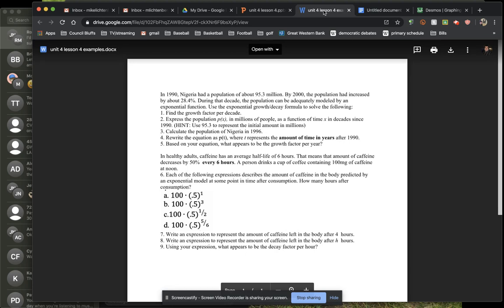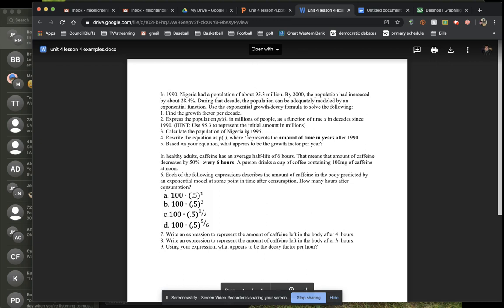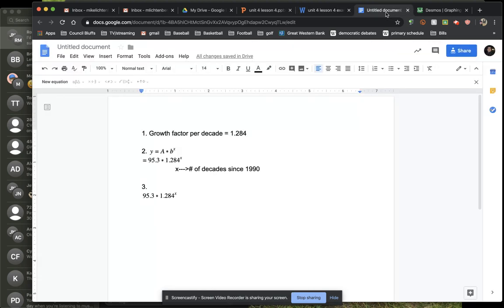So number three, calculate the population of Nigeria in 1996. So we are going to plug in to our equation here. The thing is, we've got to remember X represents a number of decades. So we're not going to plug in 6 for X. 6 is the number of years. 1996 is 6 years after 1990.